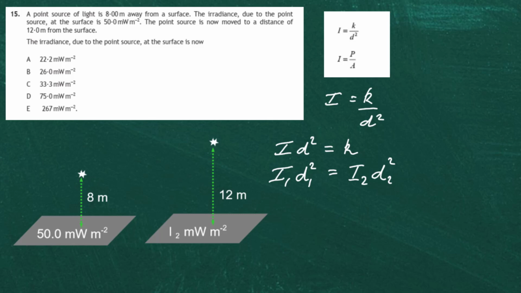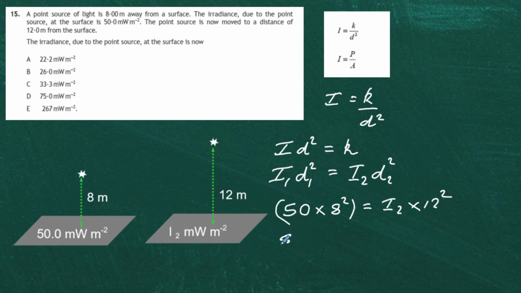Now we can plug in the numbers from our little diagram. We can see that I1 is going to be 50. We'll just leave out units for now, 50, multiplied by d1 squared, which is 8 squared. So that's going to be the first part of our equation. And over here we're going to have I2 multiplied by distance 2 squared, which is going to be 12 squared. To find I2, we must divide both sides by 12 squared.